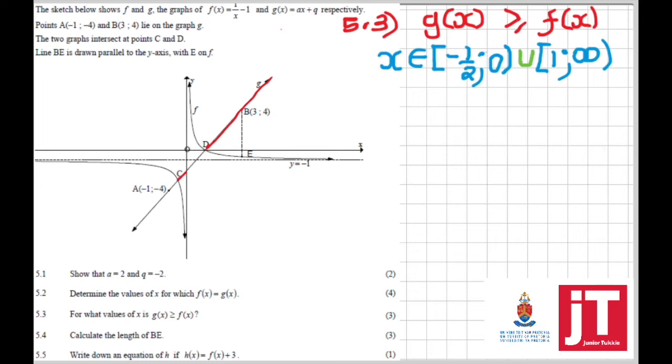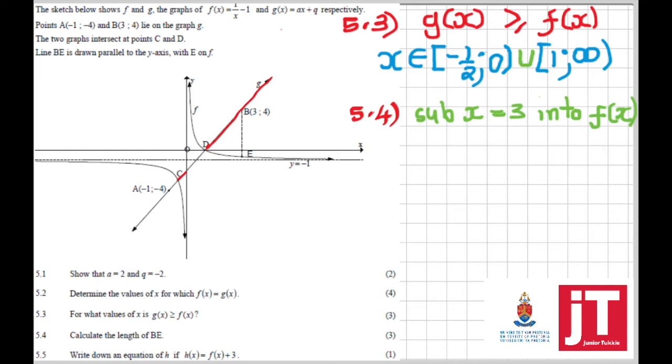So if you want to get the corresponding y coordinate of point E, knowing that the point E lies on the hyperbola, we're going to substitute 3 into our hyperbola. We know that our hyperbola, like I said, is given as 1 over x minus 1.